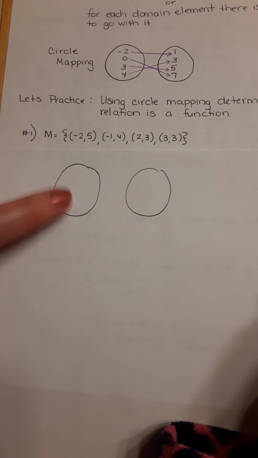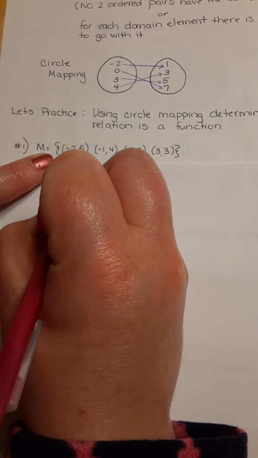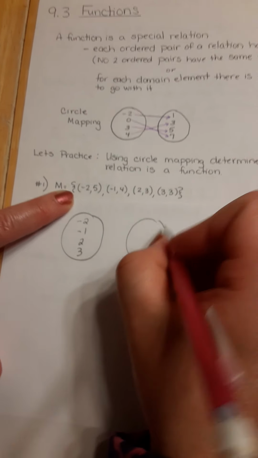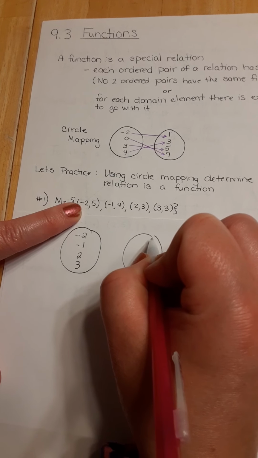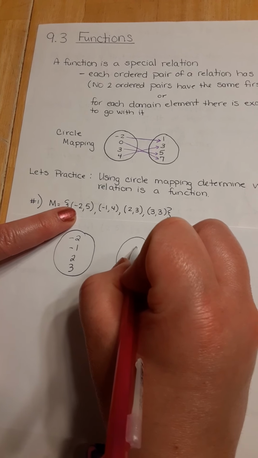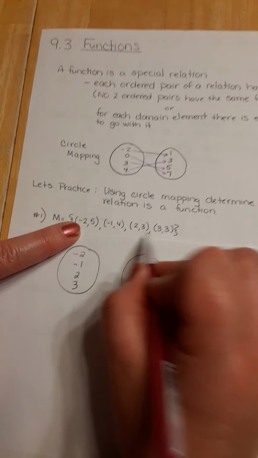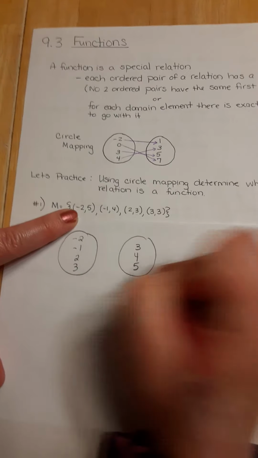In the first circle, I'm going to put all my x values: -2, -1, 2, and 3. Then my y values, from least to greatest: 3, and I'm only going to write my 3 one time, then 4 and 5.